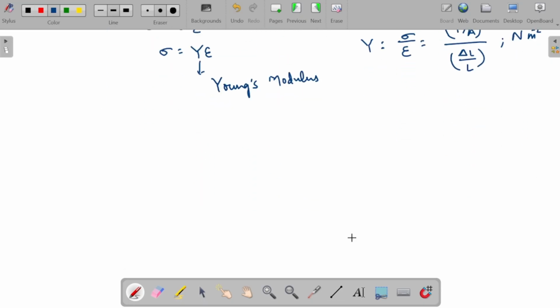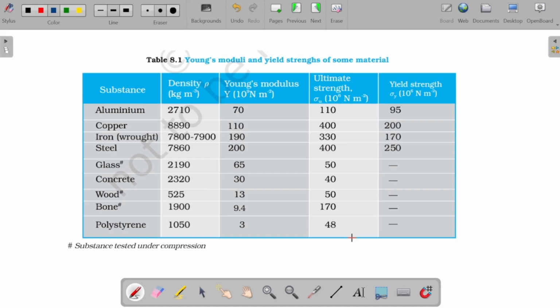Now here we have a table showing Young's modulus for some substances: aluminium, copper, iron, wrought iron, steel, glass, concrete, and so on. Here we are observing the ultimate tensile strength. We have discussed ultimate tensile strength and yield strength.